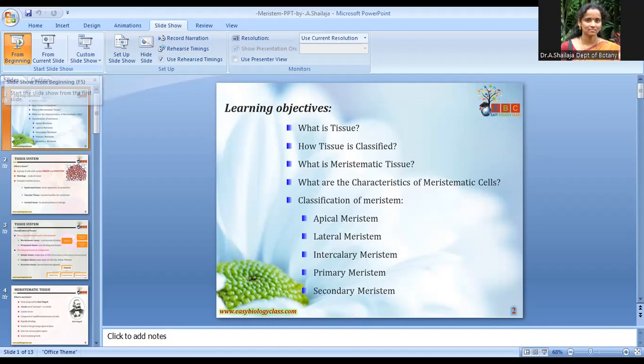After that, Purkinje, also one of the scientists, for the first time in the year 1830 introduced the term protoplasm for the substance found in the cell. It is also important.